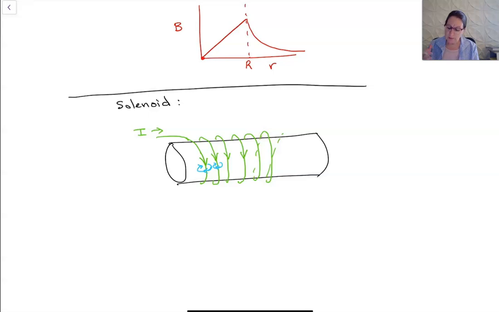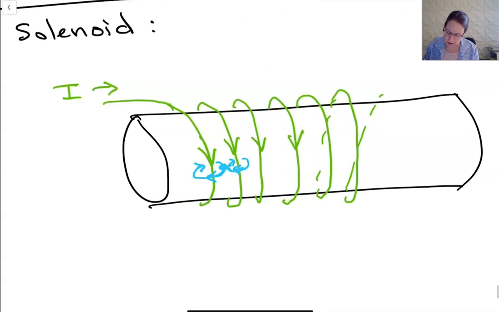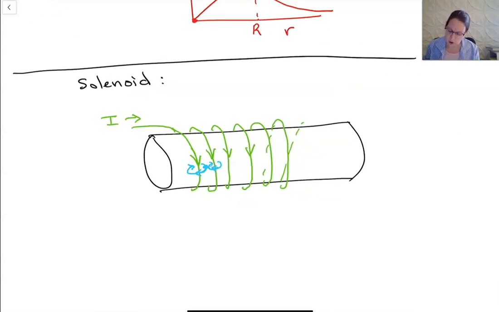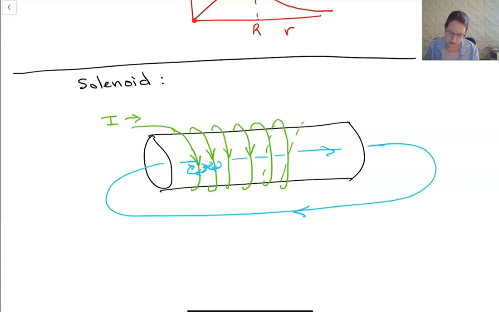And when we blow this up, this is coming out of the page on this side, and then on this side it's going into the page. So on these side points right here, it's going to cancel out, but what we can see is that the outside and inside are going to add together, and so overall we get a magnetic field inside the tube that points that way. It comes out of the tube and circles around and goes like that.